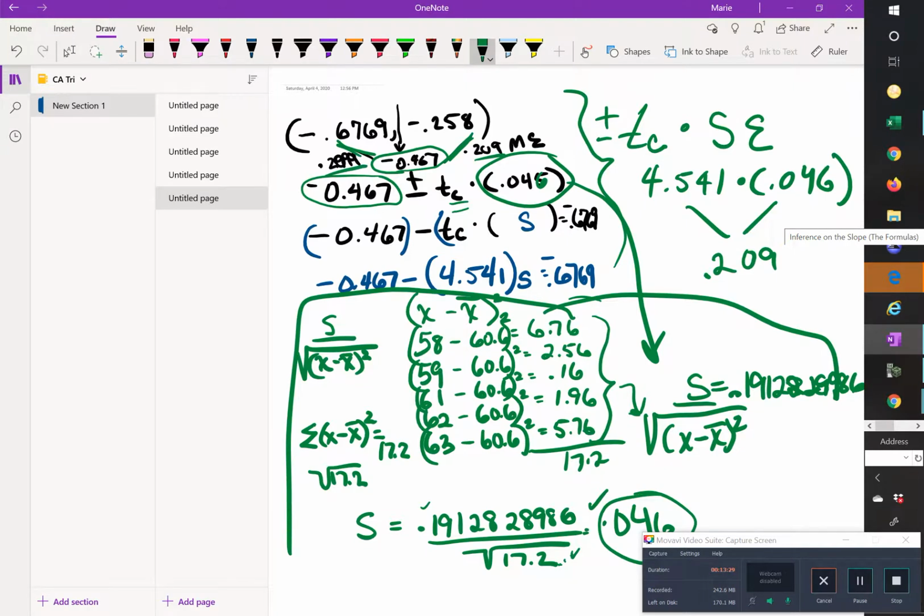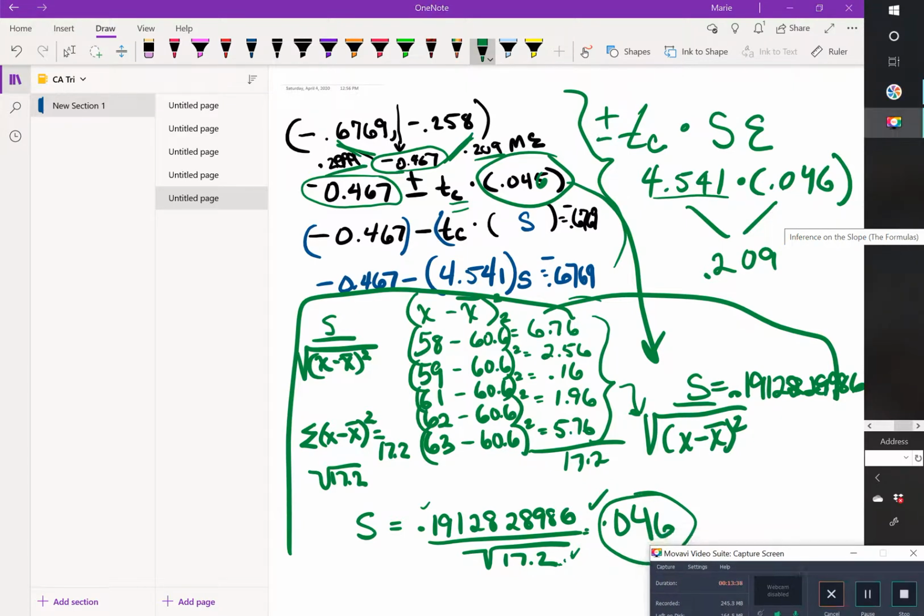Notice that when I take that critical value, the 4.541, times the standard error that we were looking for, the 0.046, when you multiply those two, you get that margin of error. And that's what your question is, I believe.